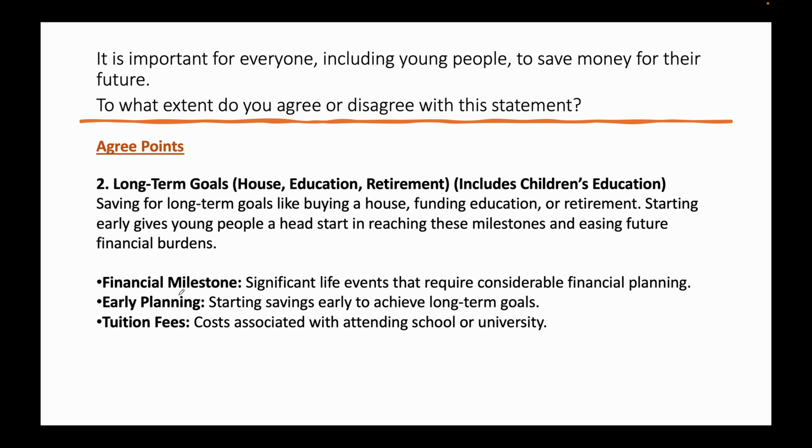Next, we need to save money for long-term goals such as buying a house, funding education, or retirement. In case of young people, if they start saving early, it is easier for them to save for future goals.